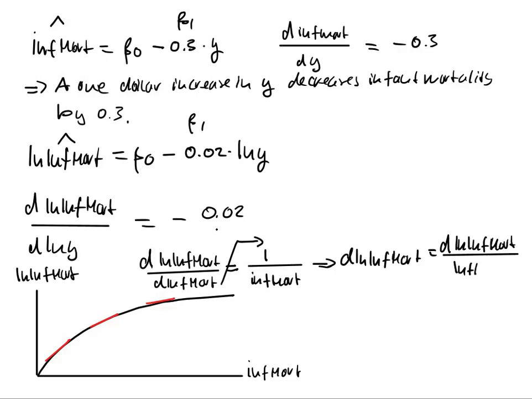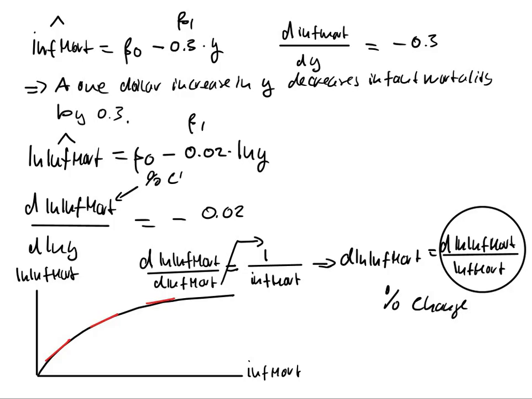Well, and this term is nothing else but the percentage change of infant mortality. So that means that it's a percentage change. So instead of writing d ln infant mortality, we can also write this term as the percentage change of infant mortality. Okay.